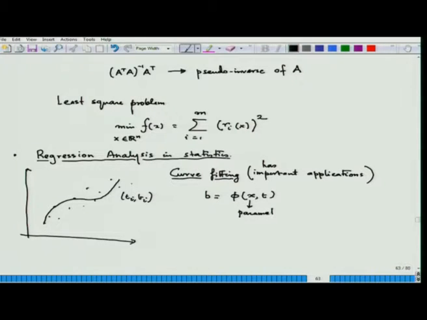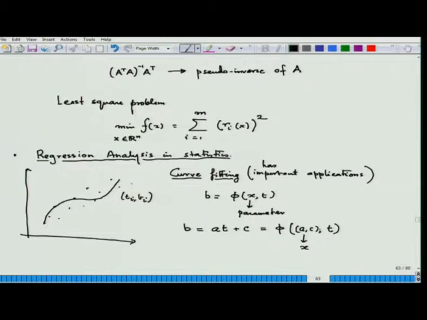If you want to fit a straight line, that is if you want to say B is A T plus C, suppose you want a relationship like this, then this is your phi of X, T. In fact, A, C here plays the role of X.